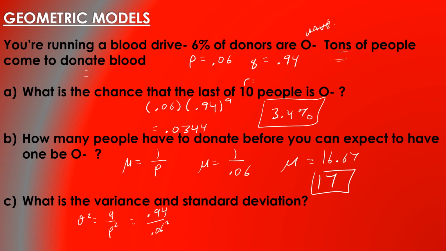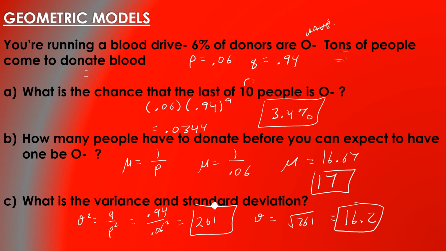And just give me a second to type that in. And I get 261.1. And our standard deviation is going to be the square root of that. So I'll go ahead and square root that. And I get 16.2 about.